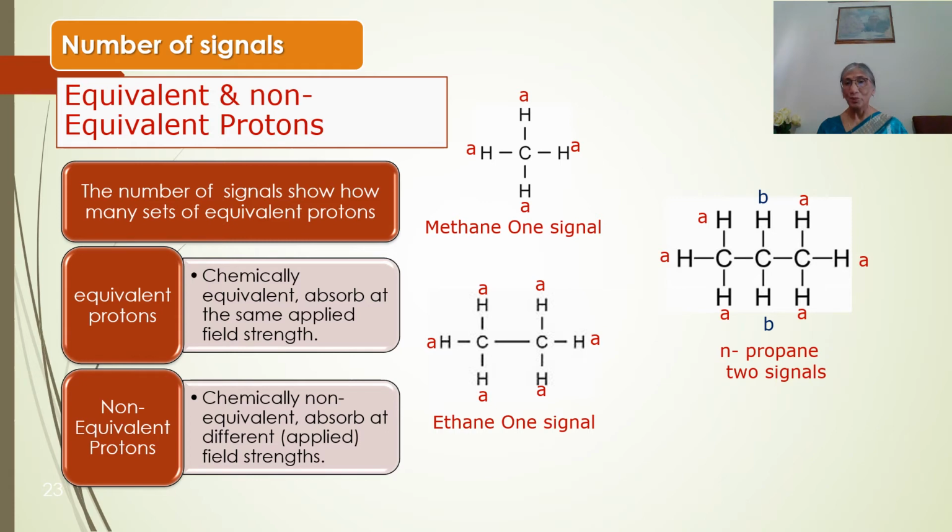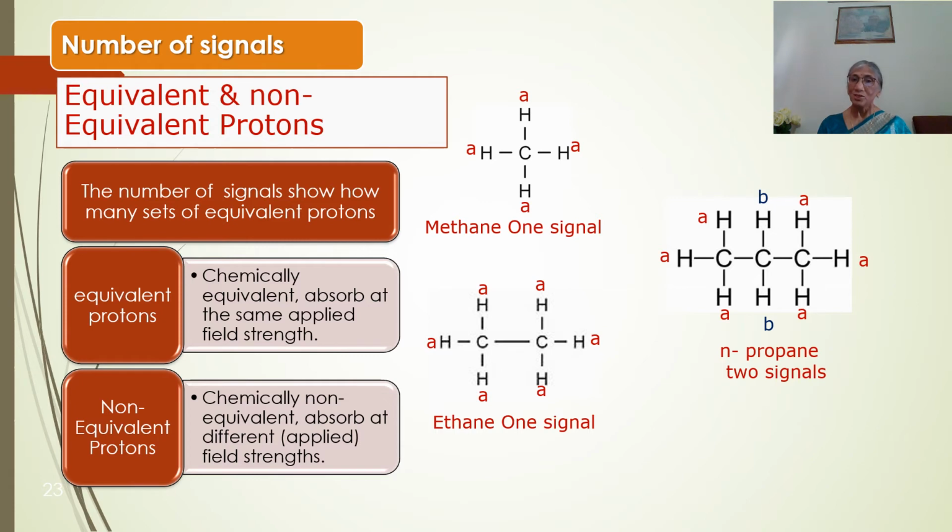But in propane, I have designated some protons by A and 2 protons by B. The 6 protons designated by A show the absorption at the same applied field, whereas the protons designated by B show the absorption at some other applied magnetic field.